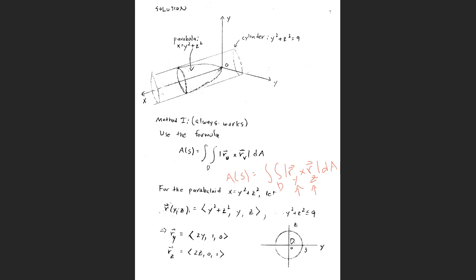I'm not going to use u and v. I'm going to use y and z if you don't mind. Now what I've got to do is get this cross product, and we'll do that on the next page. We know what the derivative vectors are. We can go to the next page and figure out the cross product.